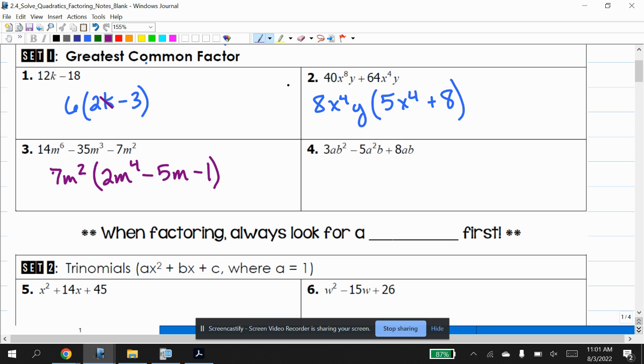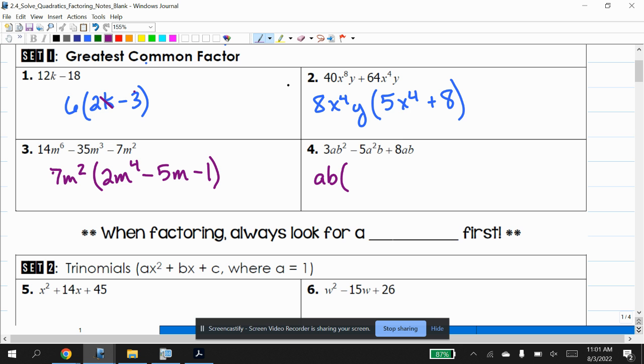3, 5, and 8, do they have anything in common? 1 is the only thing that goes in all 3 of them. So they're called relatively prime. So what is the GCF? Just AB. 1A, 1B.